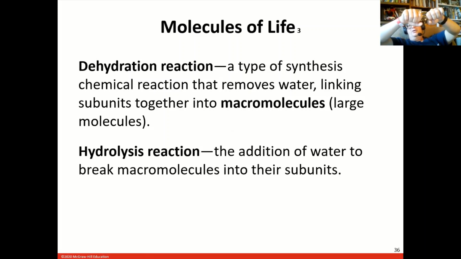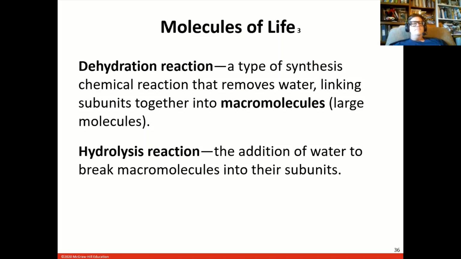We've broken the water, but more importantly, we've broken the bond between these 2 things as well. That's hydrolysis. I want you to remember the word lyse, L-Y-S-E, that's what this is based on, because lysing is breaking things. And so hydrolysis means literally to break with water.